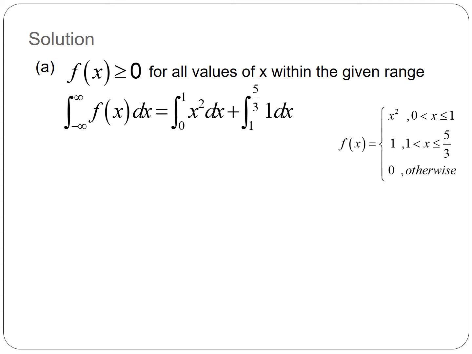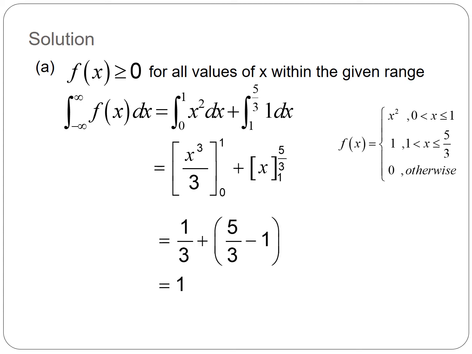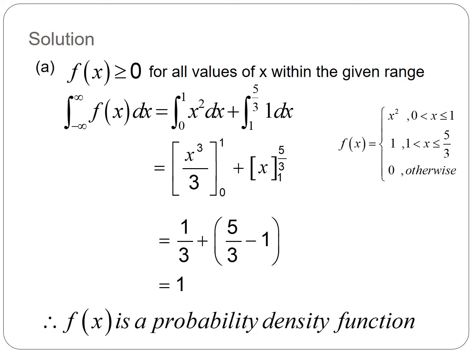For the function 1, the limits are from 1 to 5 over 3. So you integrate x squared, you have x cubed over 3. You integrate 1, you have x. So you substitute the upper and lower limits, you have 1. Now, since the question asks you to show or prove, hence you have to make a deduction. Therefore, f of x is a probability density function.